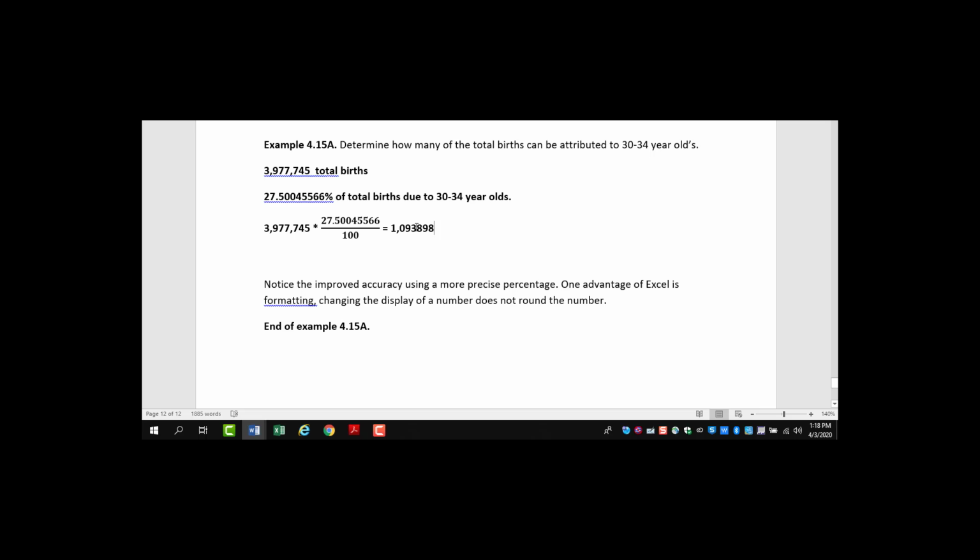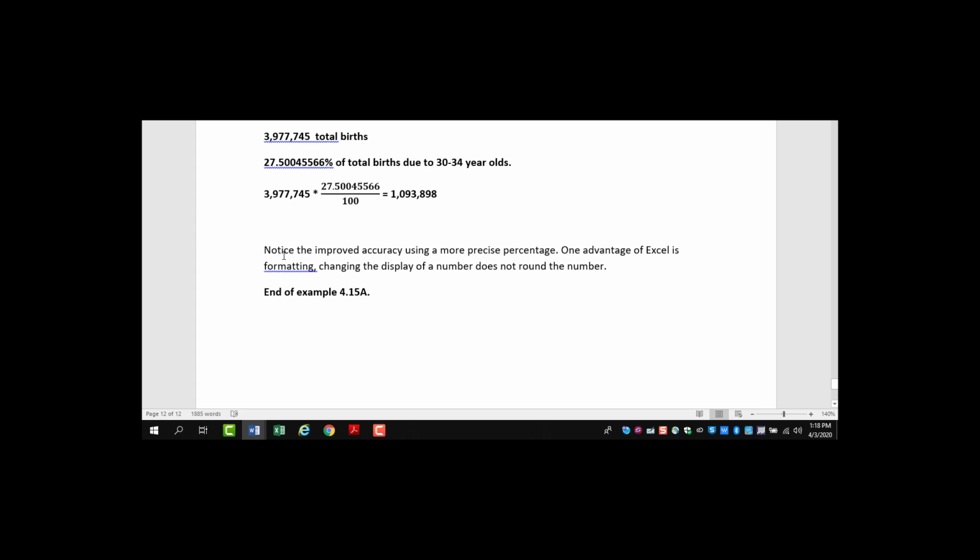You should have one more comma in there, and there you go. It says, notice the improved accuracy using a more precise percentage, right? So if I take this number here and go back to what we knew earlier, that's the exact number. Look at all these decimals I had to use to do that.